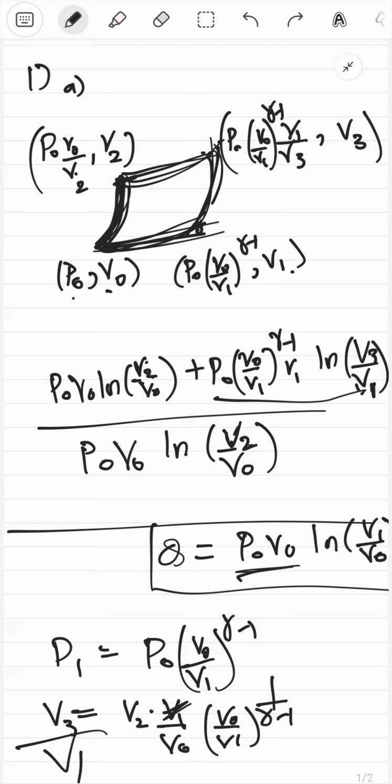What was the equation that we used? Okay, so this is an adiabat and that we have already used, so no problem with that. Okay, this is the last equation, right?